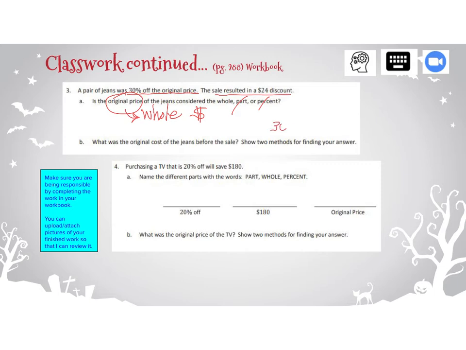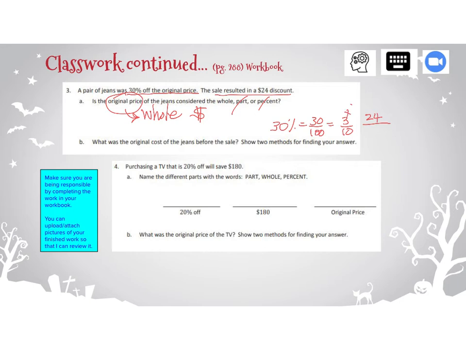So let's go, 30% is equivalent to 30 over 100. We know that for sure. And I can reduce top and bottom by 10. I get 3/10. Okay, now they said 24. So the discounted amount was 24.